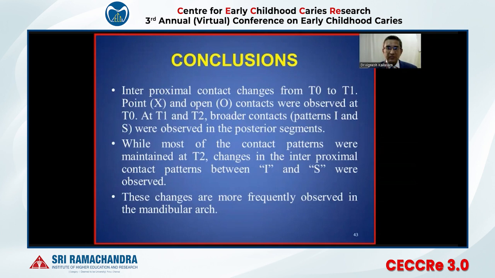While most of the contact patterns were maintained at T2 when compared to T1, changes in the interproximal contacts between I and S were observed. That is, the I type of contact became S and the S type of contact became I. These changes were more frequently observed in the mandibular arch rather than the maxillary arch.